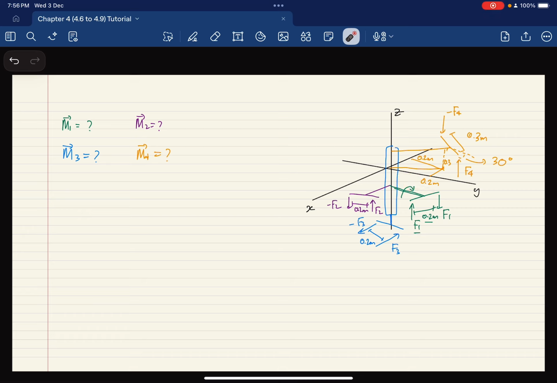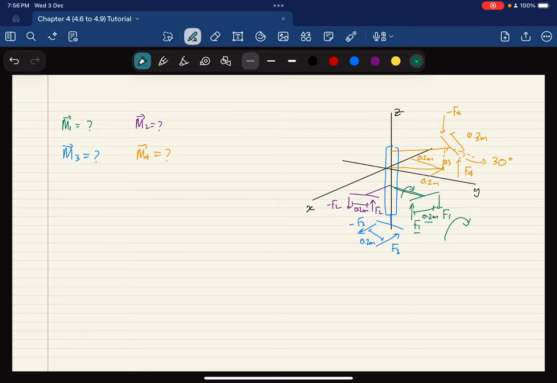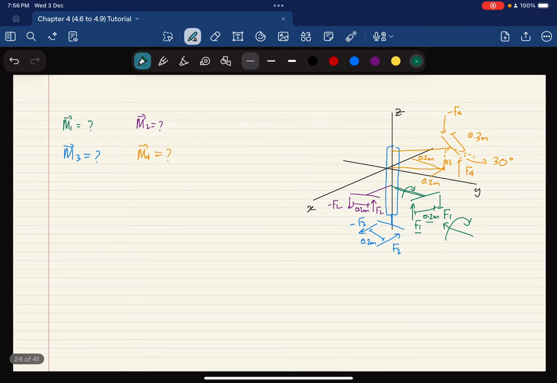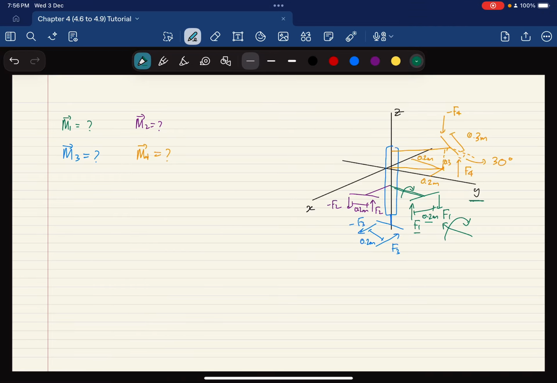It'll be going in this direction, which is inwards, if you follow the right hand rule. So if you follow the right hand rule, the moment vector is going to go in a direction parallel to the y-axis. So your moment vector M1 would obviously be in terms of the y-axis.